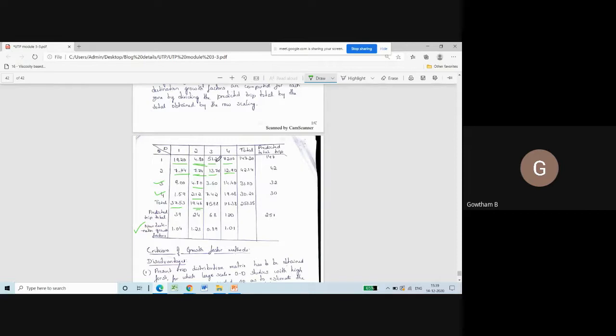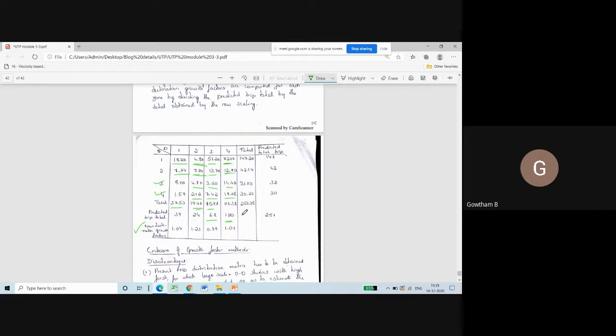Next, 51.2 plus 13.76 plus 3.6 plus 7.42 is equal to 75.98. Similarly for area number 4: 72 plus 12 plus 14.4 plus 19.08, that is equal to 118.38.